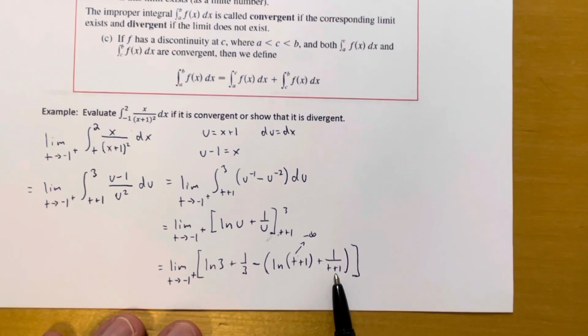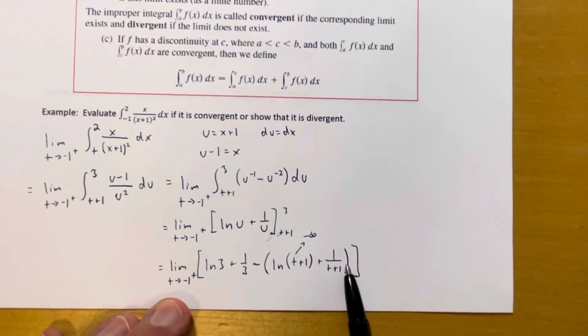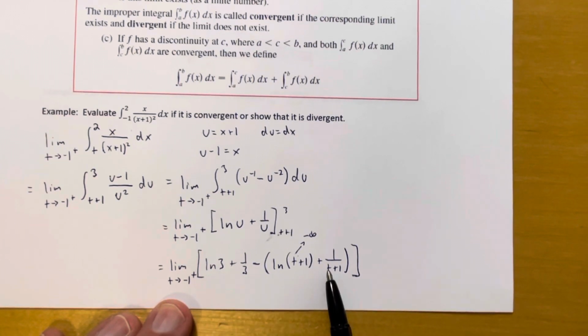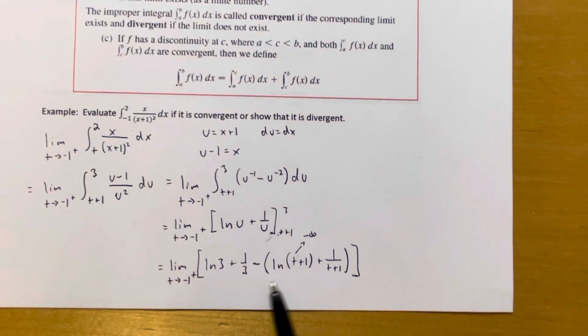What's happening to this guy? I'm approaching negative 1, but from the positive side. So that means I'm plugging in numbers here that are getting closer and closer to negative 1, but from the positive side, meaning I'm using values that are just slightly larger than negative 1. Things like negative 0.9, negative 0.99, negative 0.999999, and so on and so forth, right?